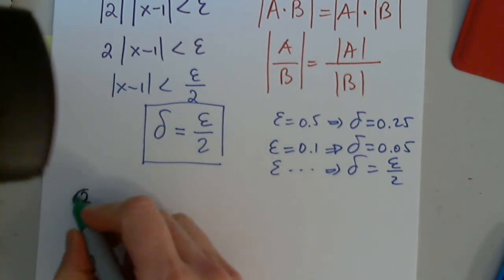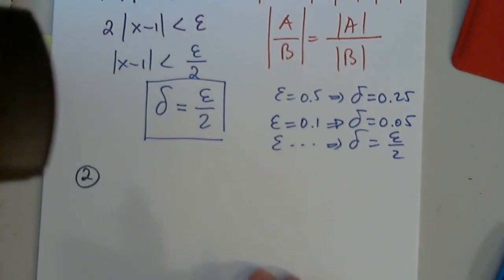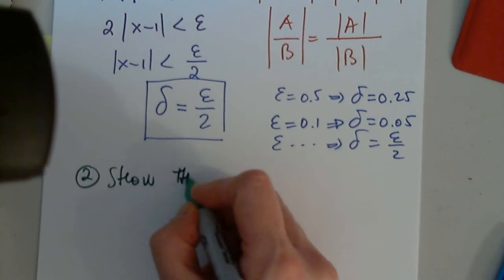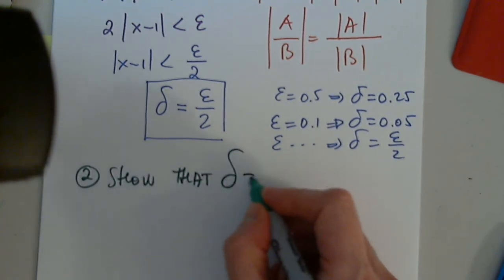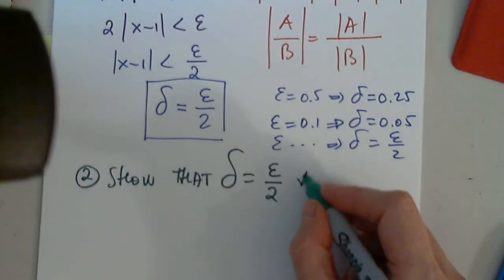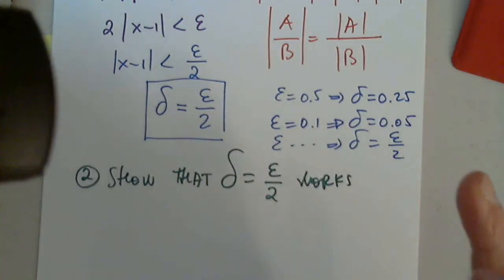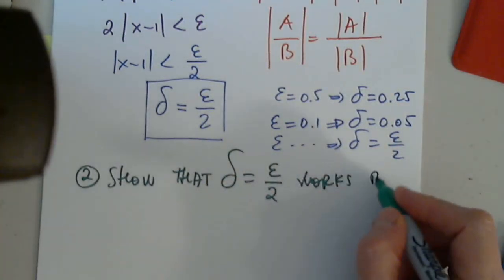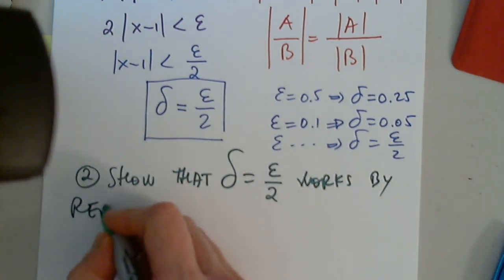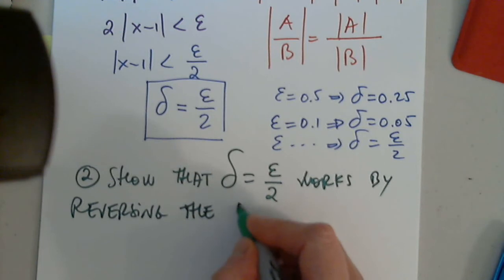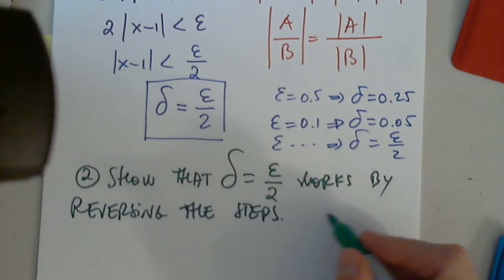Part 2 of the solution or proof. Show that delta equals epsilon over 2 works. I am not going to ask you to reverse the steps. Just write this by reversing the steps from above. Done.